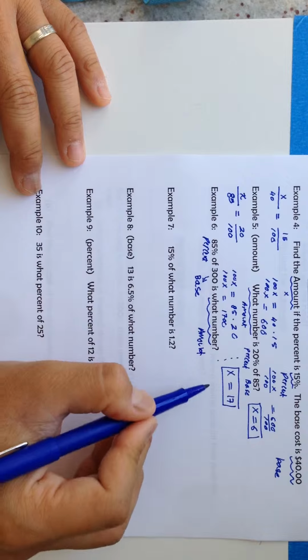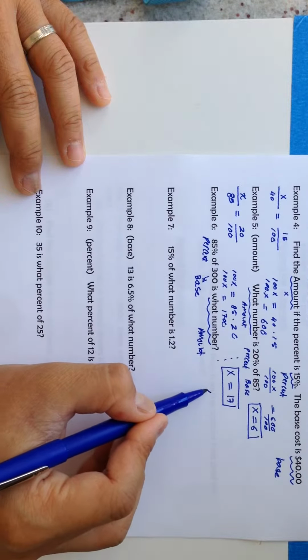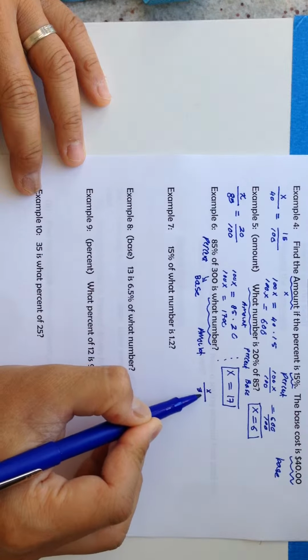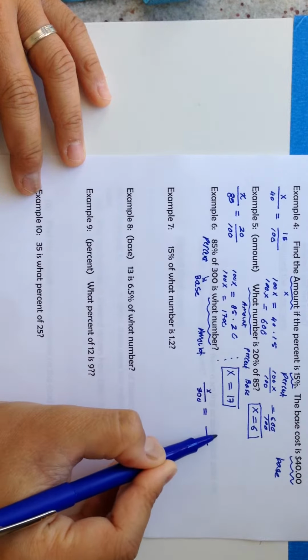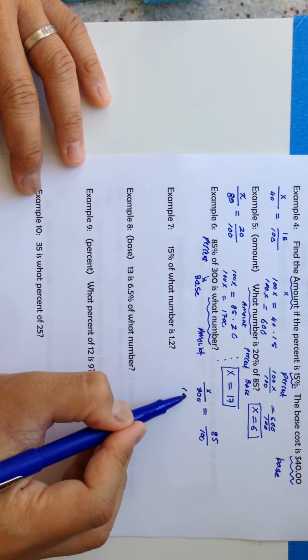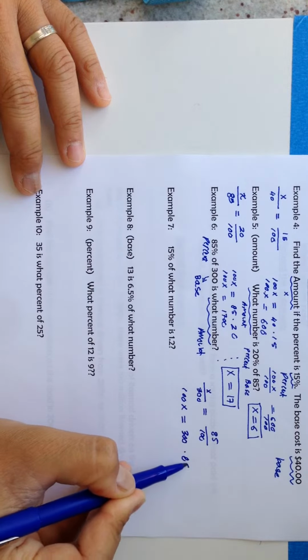So we're going to go amount over base, x over 300, equals 85 over 100. Cross multiply: 100x equals 300 times 85.